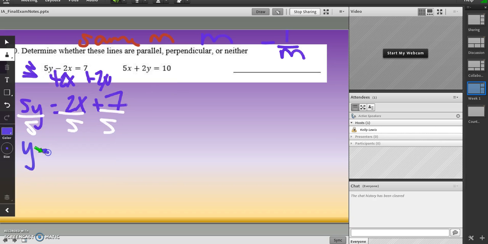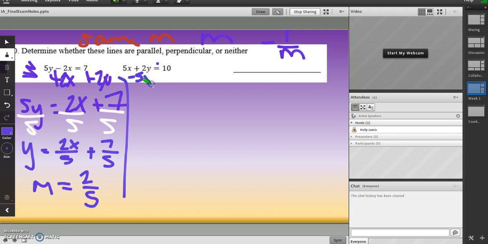So I get y equals 2x over 5 plus 7 over 5. So the slope, that's the number touching x, is 2/5. When I do this other one, if I also get 2/5, they're parallel. If I get negative 5/2, then they're perpendicular. Otherwise, they're neither.